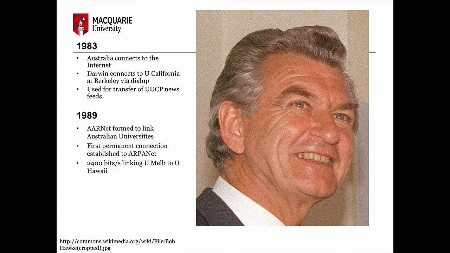For a local twist, then in 1983, this chap here was in power. This is Bob Hawke, and Australia was connected to the internet for the first time. Now, the Australian connection to the internet consisted of a dial-up modem from Darwin to the University of California at Berkeley. And so they would essentially call them on the phone, hook up the modem, and download various bits of things.